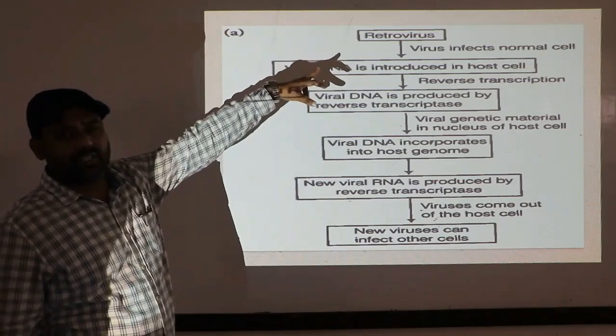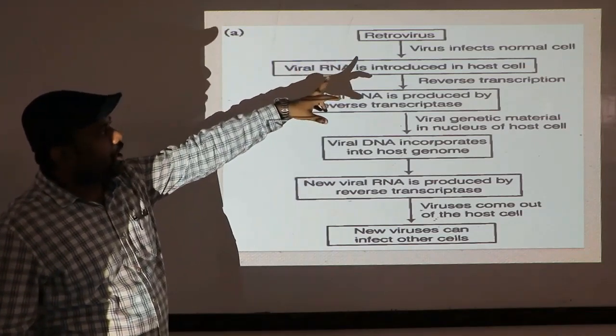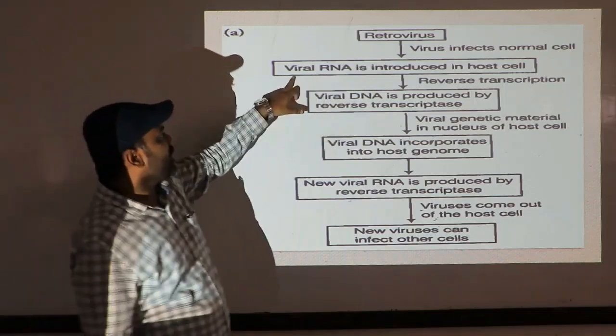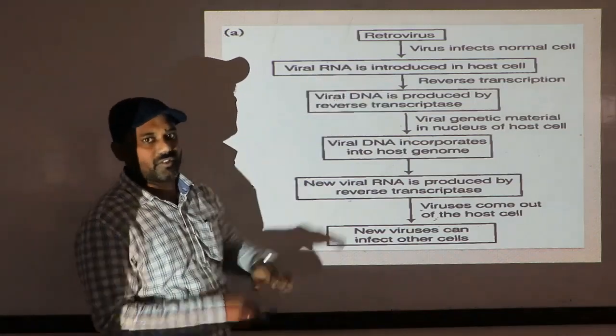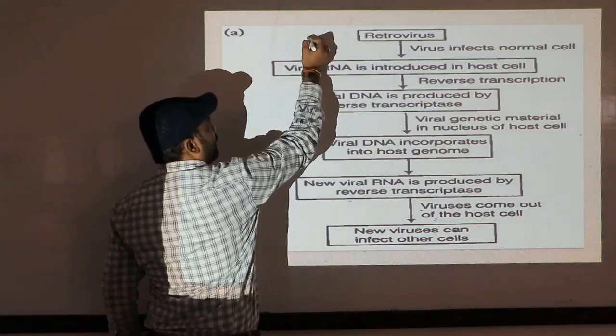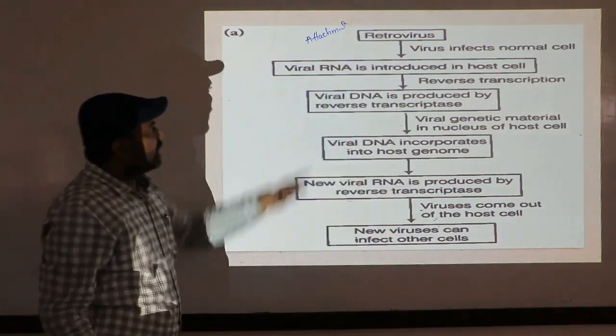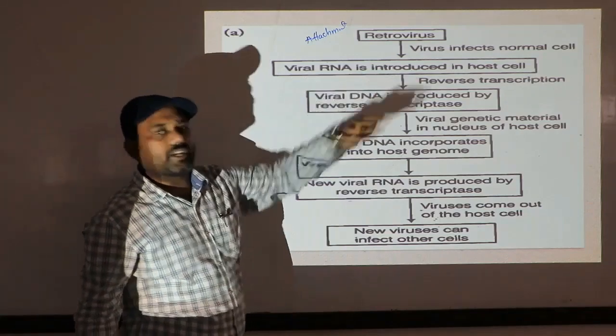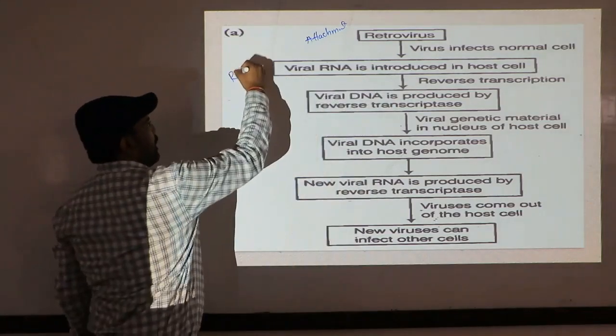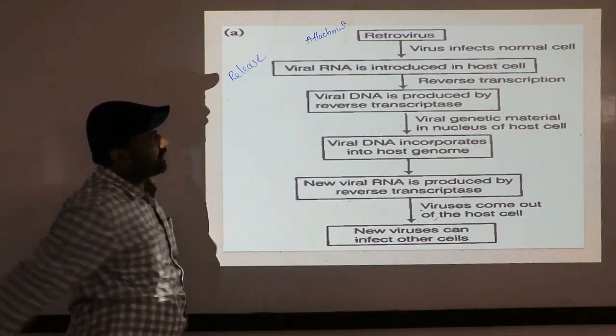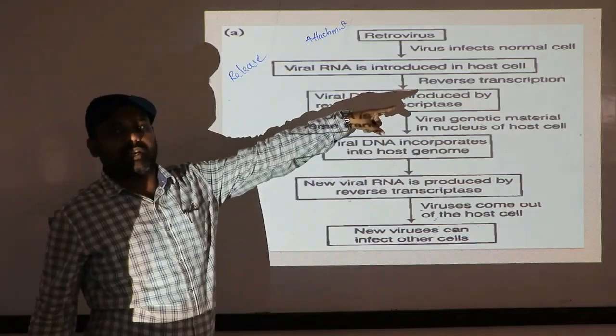Very simple. Try to understand this sequence. First one, the retrovirus refers to the HIV virus. Virus infects a normal cell. Then viral RNA is introduced. This is called attachment. Then viral RNA is introduced into the host cell, called release, isn't it? Then reverse transcriptase.